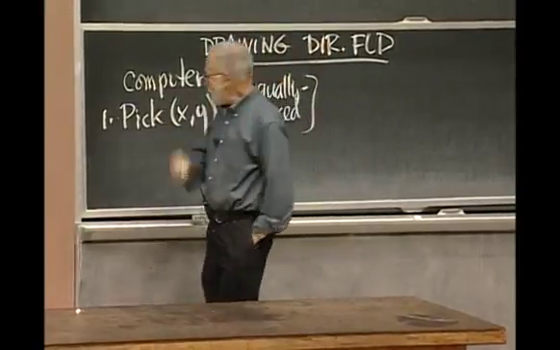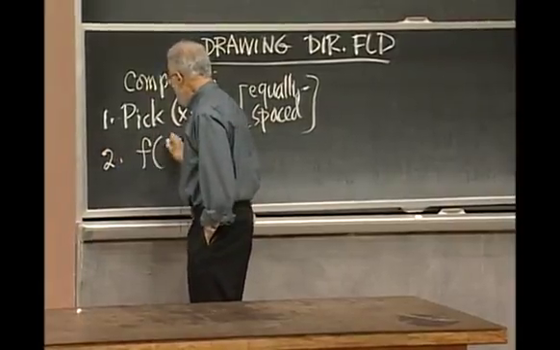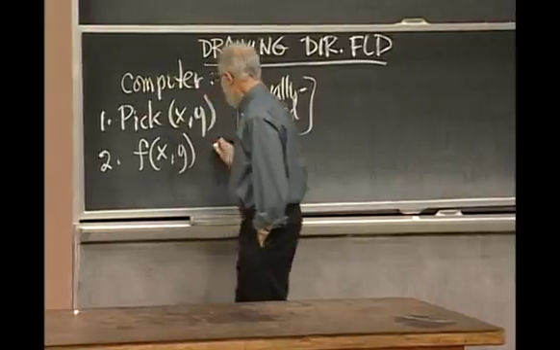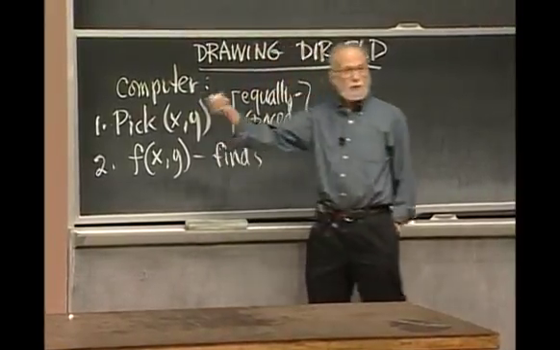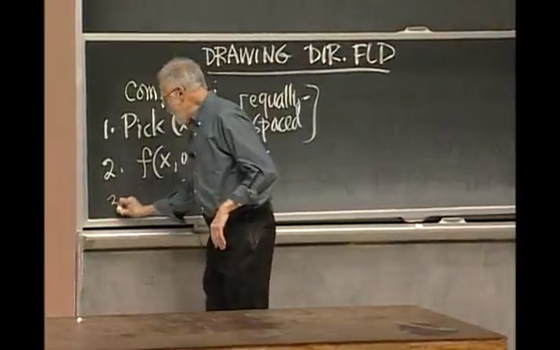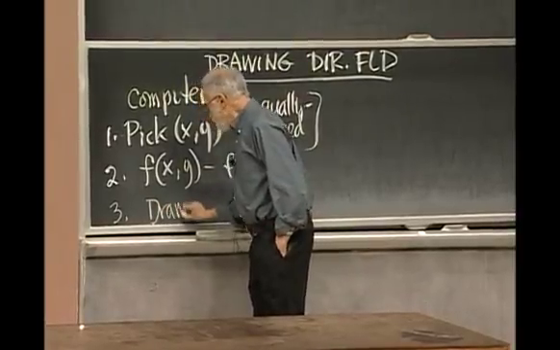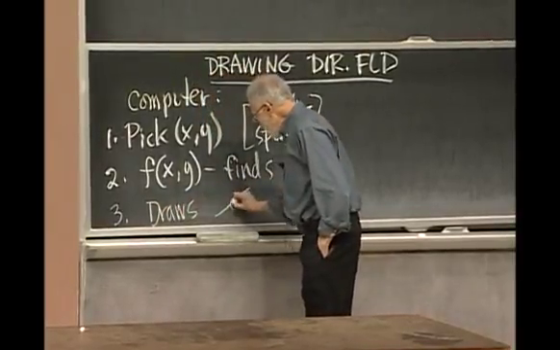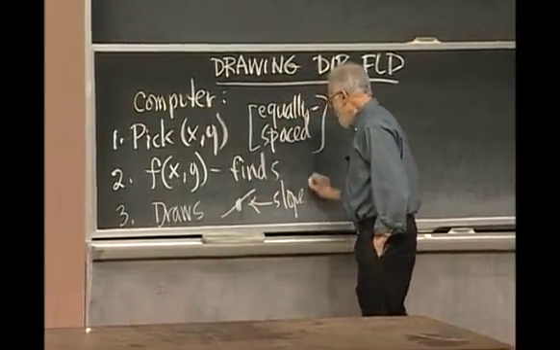And at each point, it computes f of x, y at the point. That means it computes the value of that function f of x, y. And the next thing is, on the screen, it draws at x, y the little line element having slope f of x, y.